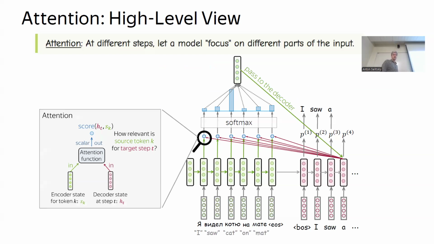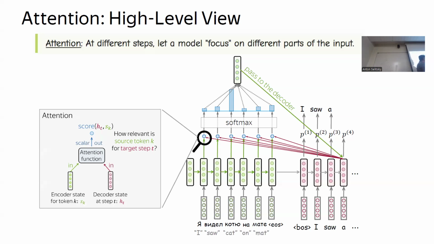So how do we calculate these weights? Typically, we denote this by a score or attention function. This is a function between two vectors, a vector from the decoder and a vector from the encoder.